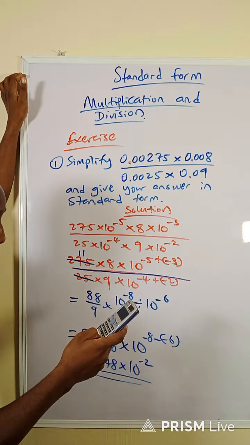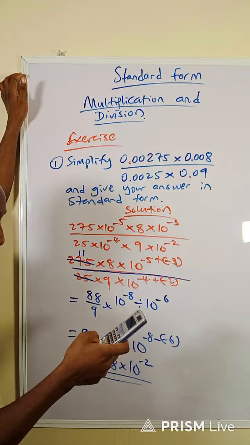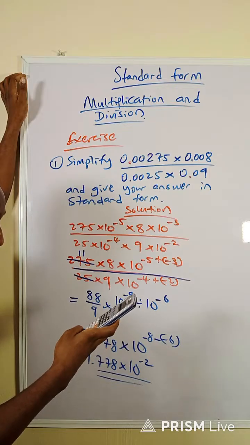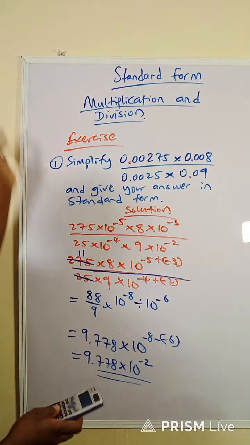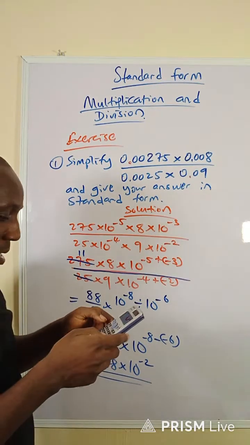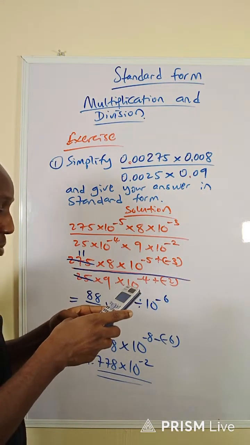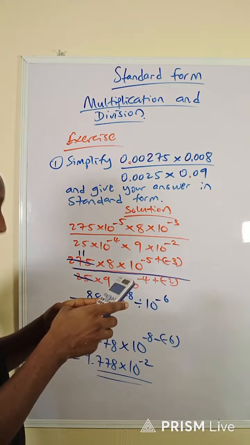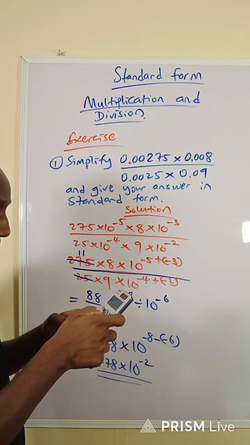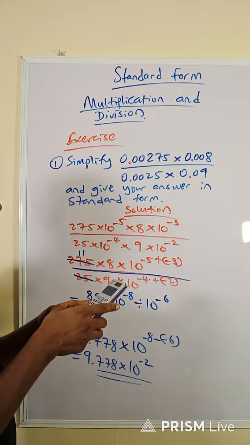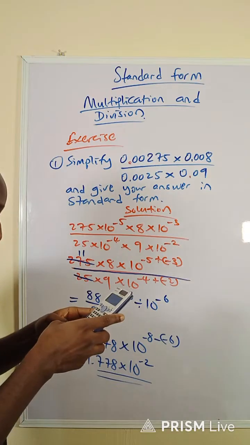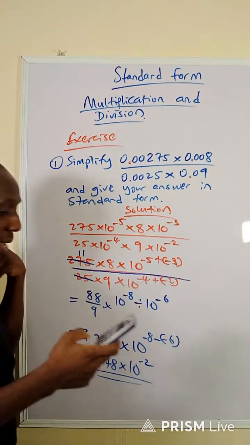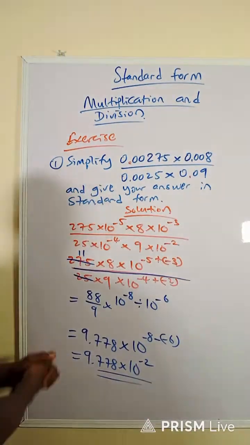Oh, no. Okay, I think there's a mistake somewhere, but I think it's right. Yeah, this should be correct. 0.008, then 0.0025 times 0.09. Yes, we are right. We are correct. We are correct, in standard form.